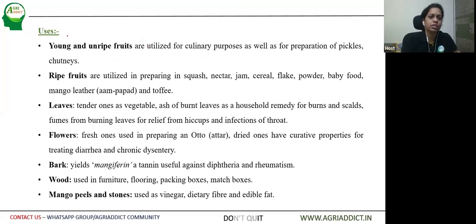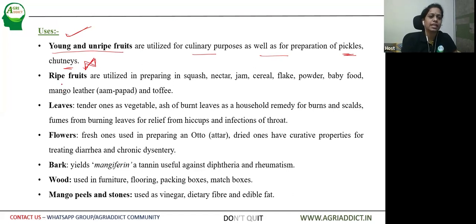Then let us look at the uses of mango. Almost every part of the mango tree is utilized for some purpose. First, the fruits, young as well as ripe and unripe, are utilized for culinary purposes and for the preparation of pickles and chutneys. It is very important that mango is used for preparing pickles during the summer season, and it is very popular in the southern states of the country.